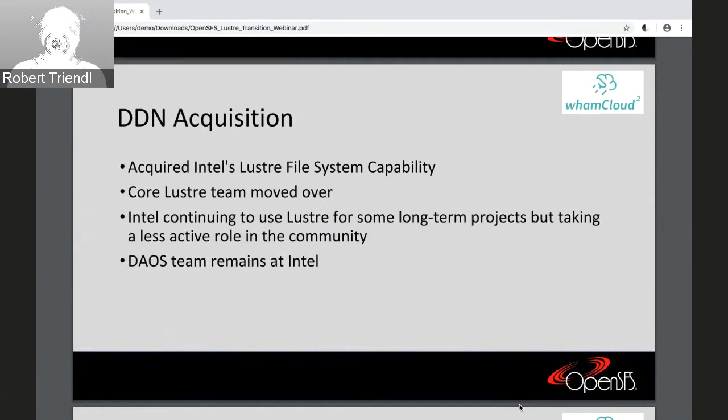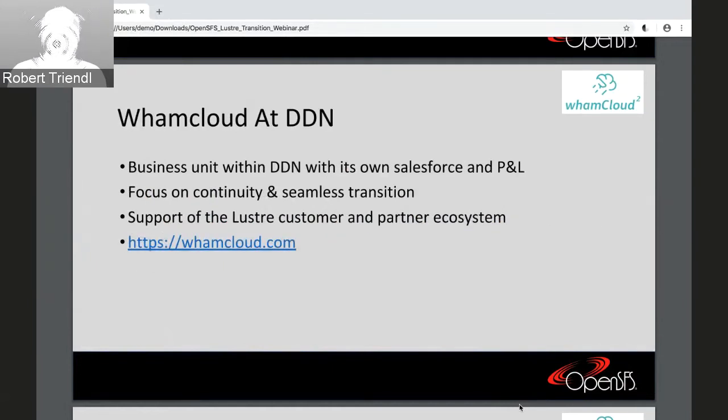Next slide. As I said, Whamcloud at DDN, we have finalized all of the transition. It is a business unit today that doesn't quite yet have its own sales force, but there is a person working on processing support contracts.